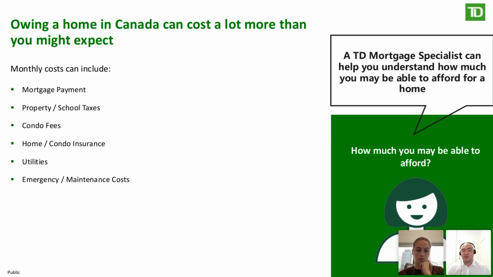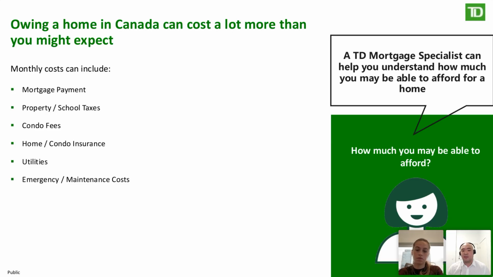Different property types may or may not have condo or sometimes called strata fees. So these are communal costs for services that may include things like garbage disposal, landscaping, security, concierge, stuff like that, perhaps within your building or complex.